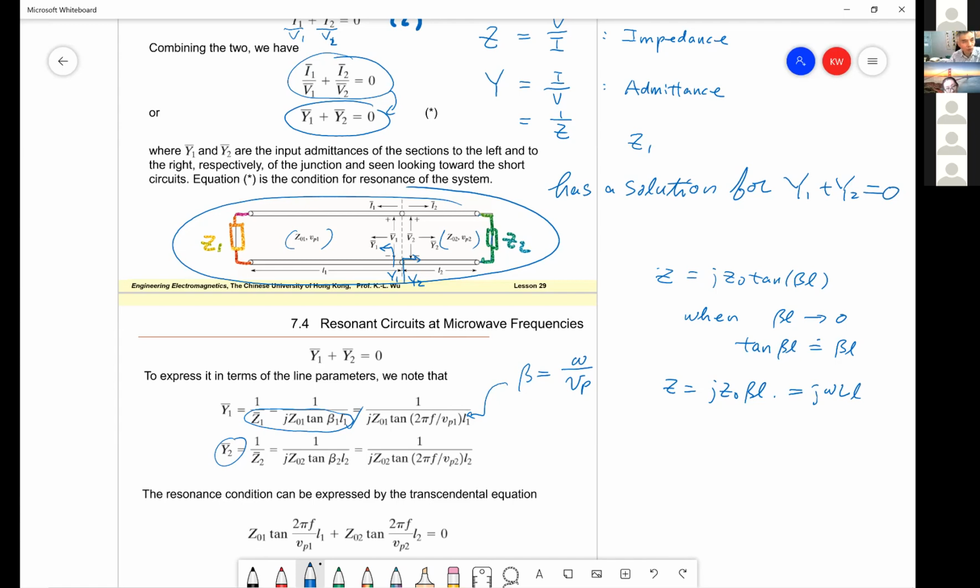Because this is always true, if a solution exists at frequency F0, then F0 is the resonant frequency.